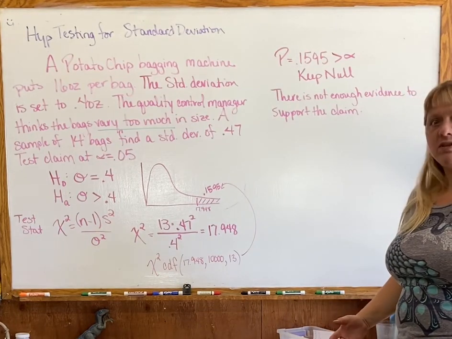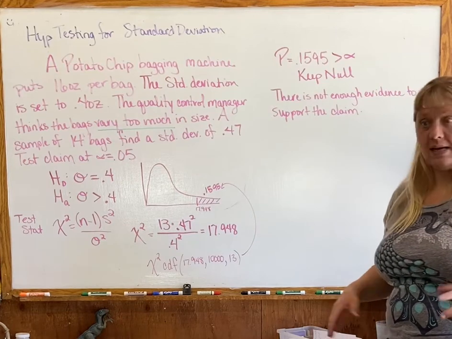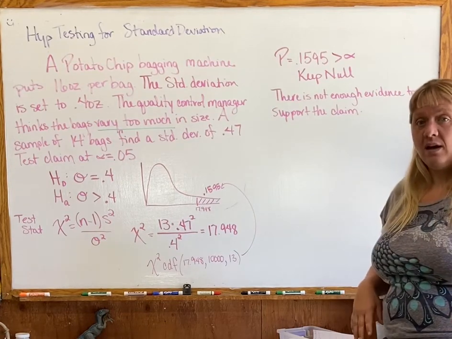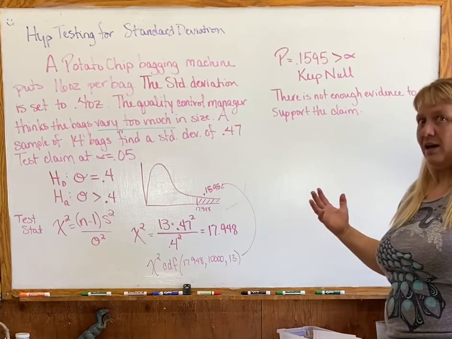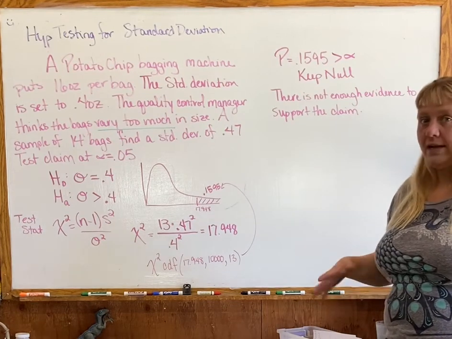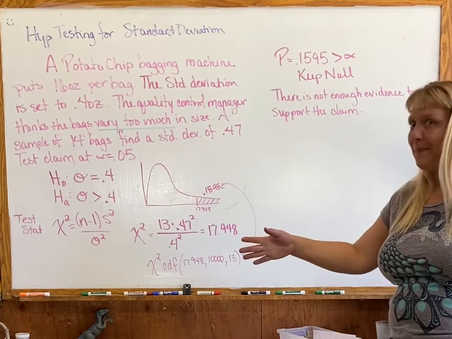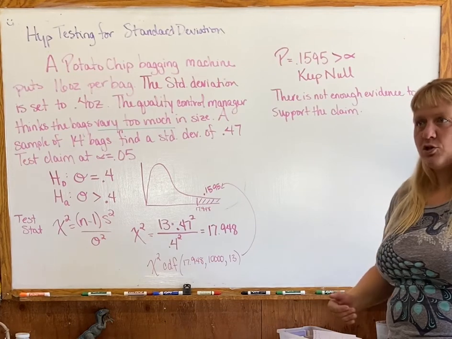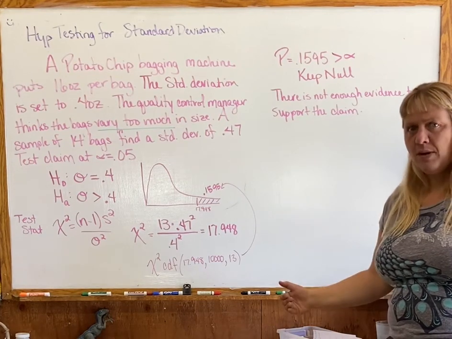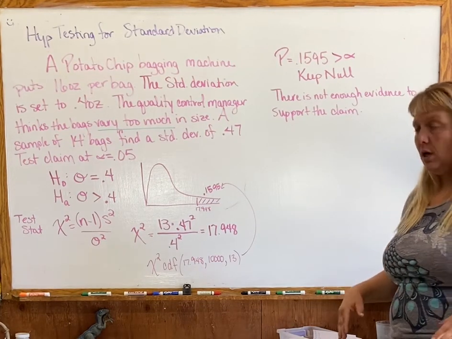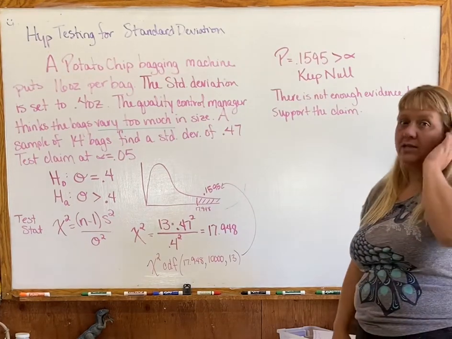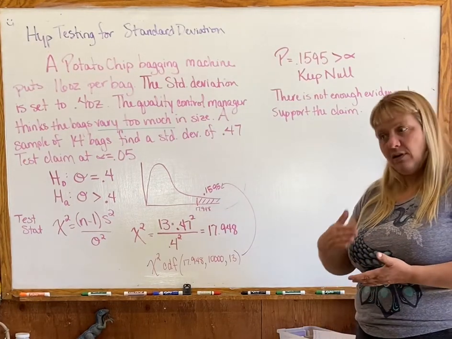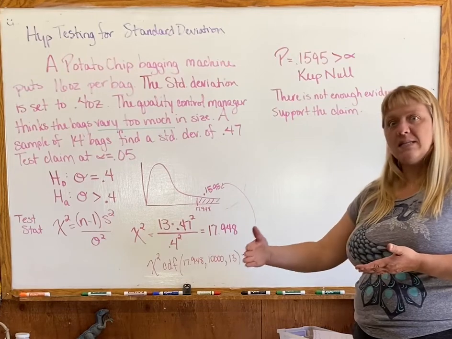So it's possible the machine has potato chip crumbs in it and it just fully needs to be cleaned. But this is a big machine, and if you turn it off, what isn't happening? We're not bagging potato chips. So if the machine is off, is the company making money? No.